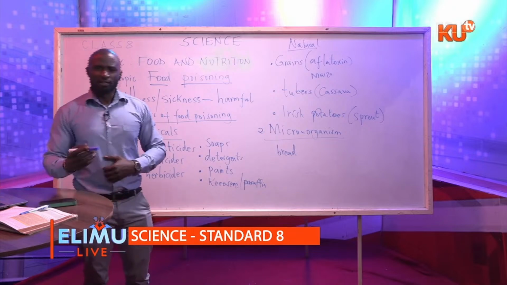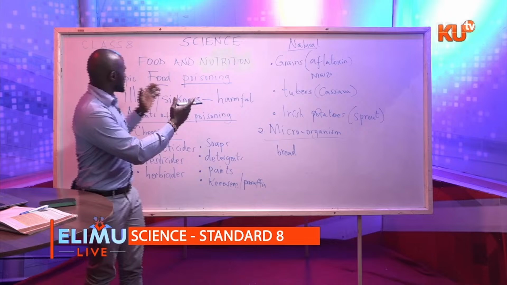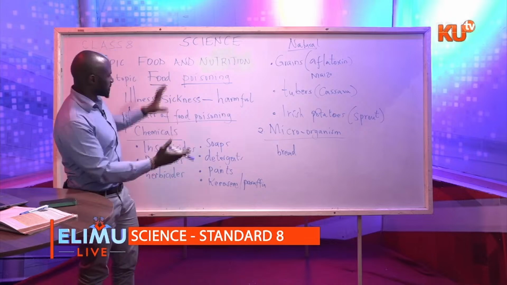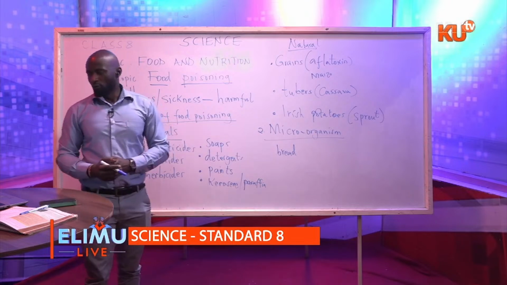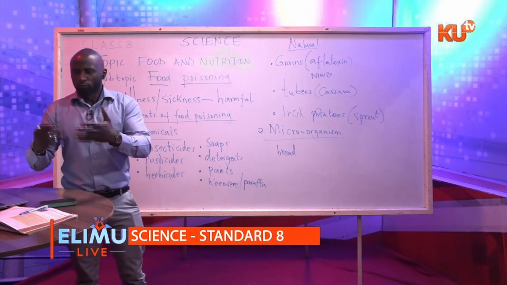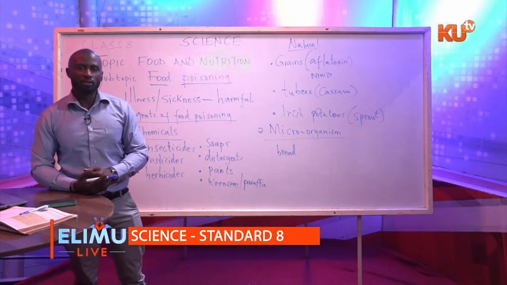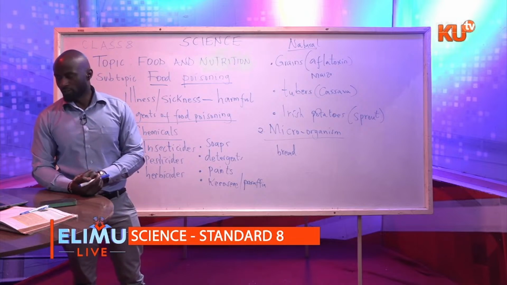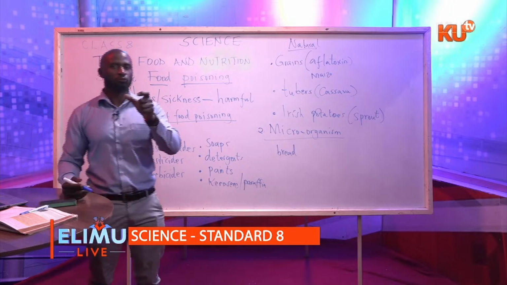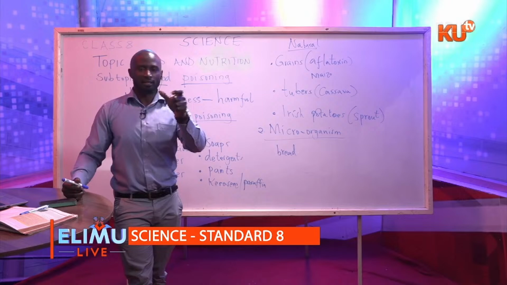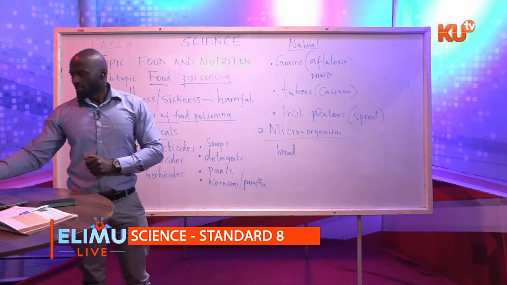Boys and girls, having talked of food poisoning as our subtopic, we've talked of chemicals and microorganisms as agents of food poisoning. How will you know that someone is suffering from food poisoning? Now we talk of signs and symptoms.